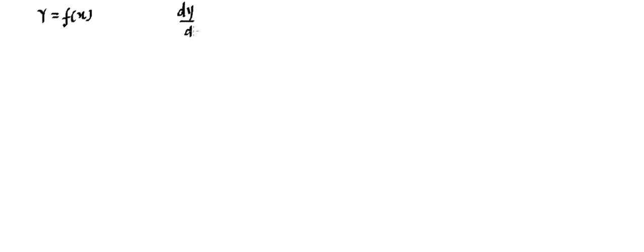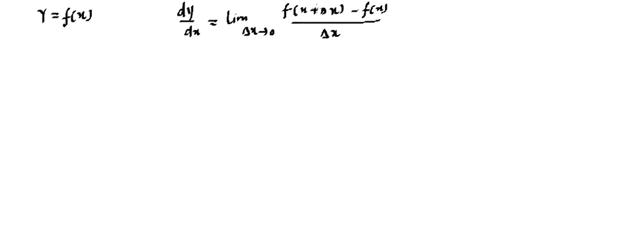In mathematical language, dy upon dx is the limit as delta x tends to 0 of the value of the function at x plus delta x minus the value of the function at x, divided by delta x, or we can simply write it as delta y upon delta x. Delta for change, d for small change.